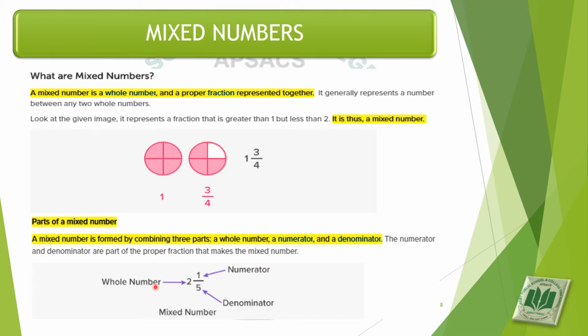For example, here is an example, that is 2 whole 1 by 5. Now what are the parts here? 2 is the whole number, this 1 is the numerator, and this 5 is the denominator. So by combining whole number, numerator and the denominator, we get a mixed number.